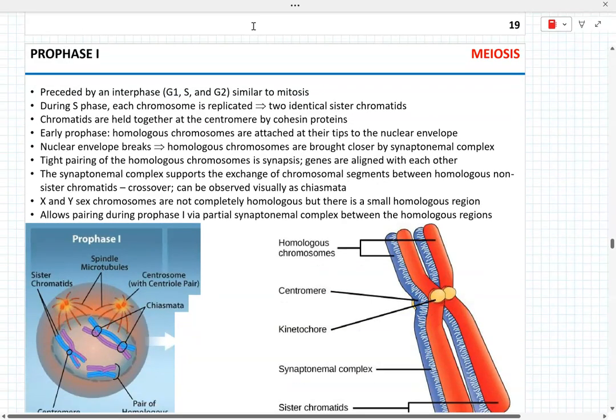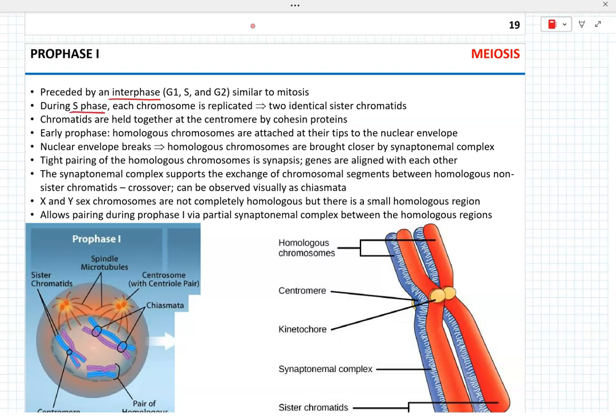In meiosis 1, just like in mitosis, prophase 1 is preceded by an interphase. During interphase, in the first gap stage, the cell accumulates resources for DNA replication.